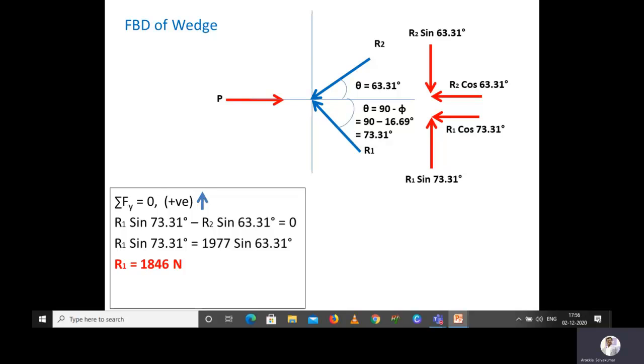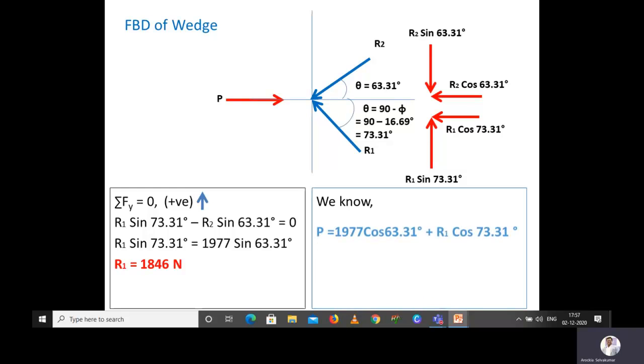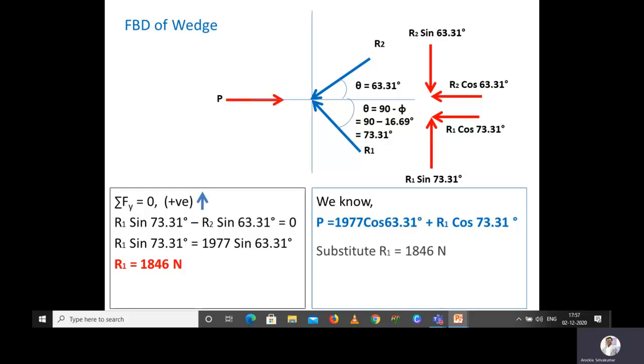Once we have calculated R1, we can calculate the value of P. We know that P is equal to 1977 cos 63.31 degree plus R1 cos 73.31 degree. If we substitute the value of R1 as 1846 Newton, we get P equal to 1431 Newton. So this is the minimum horizontal force required to raise the block using the wedge.